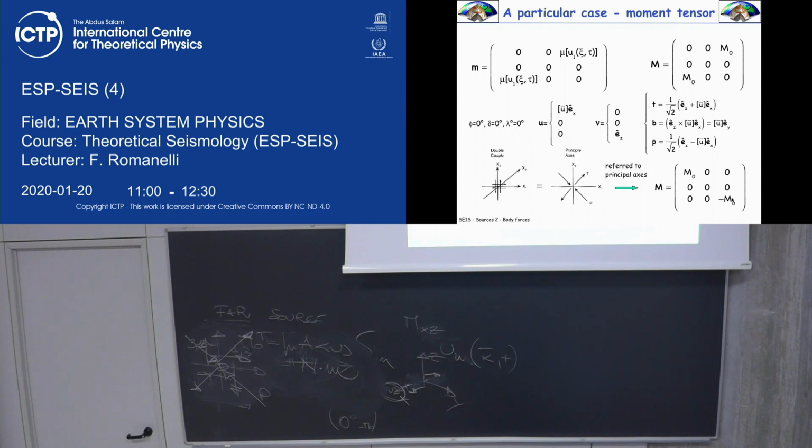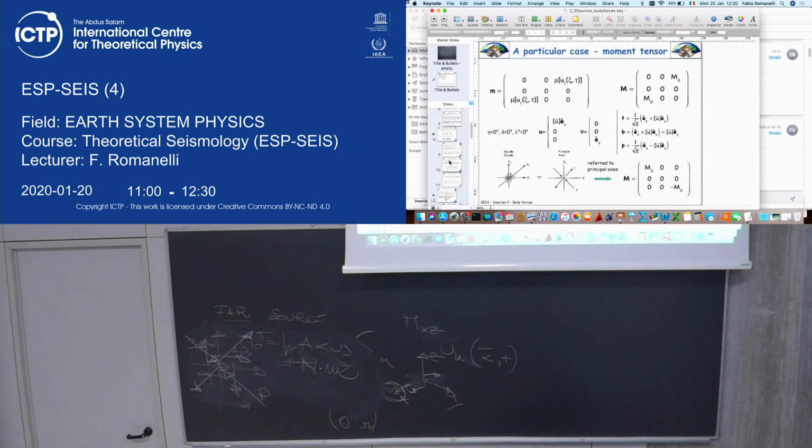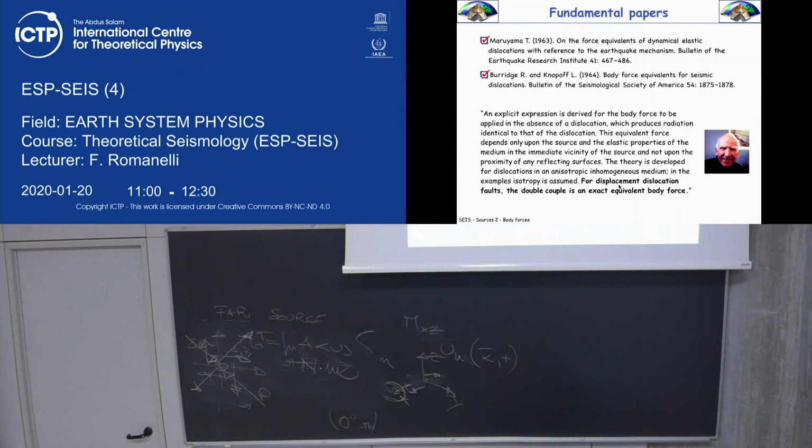So remember, the representation theorem started a long time ago. Now, if you give a look again to the abstract, for displacement dislocation fault, pure shear dislocation, the double couple is an exact equivalent body force for a point source. Otherwise, every time that you relax one of the conditions, you have to make some step backwards. Okay?